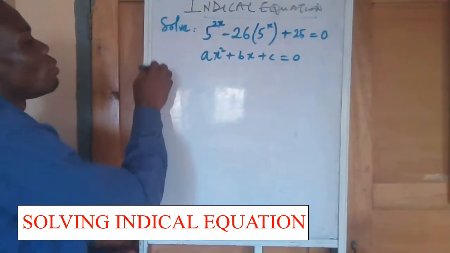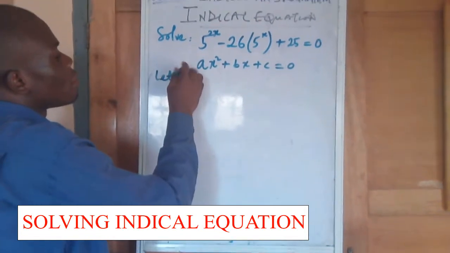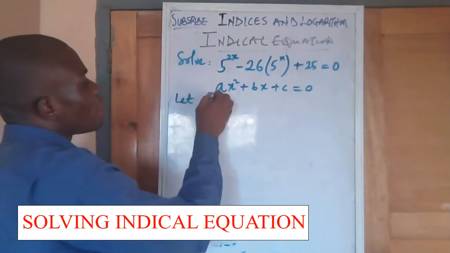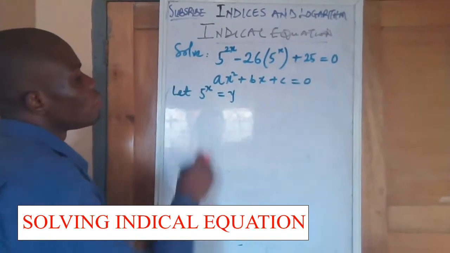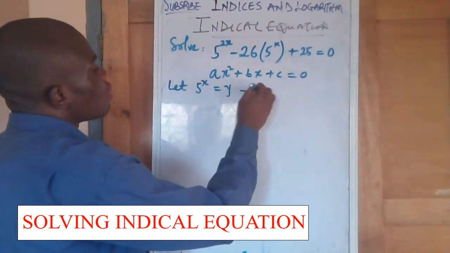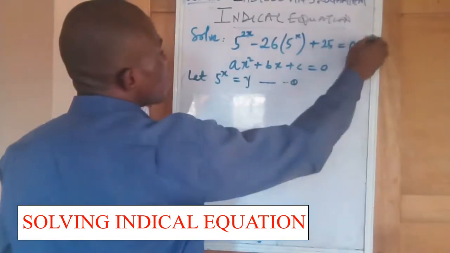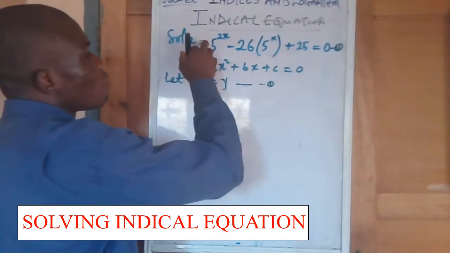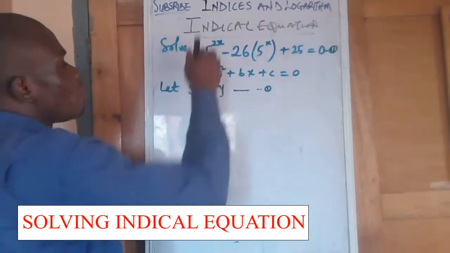What we do now is to let 5 raised to power x equal y. Can you see now? Anywhere you have 5 raised to power x in this equation, you replace it with y.